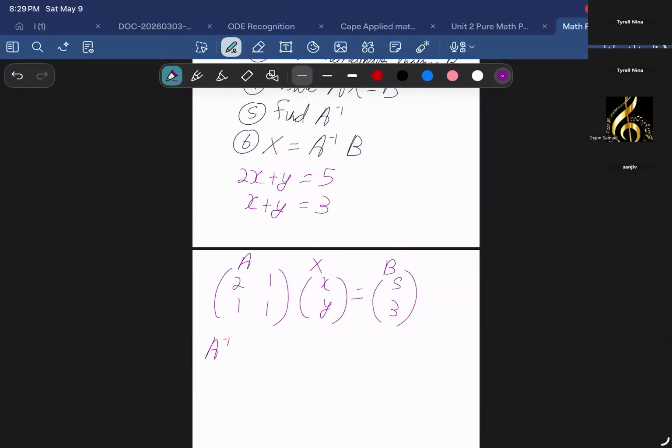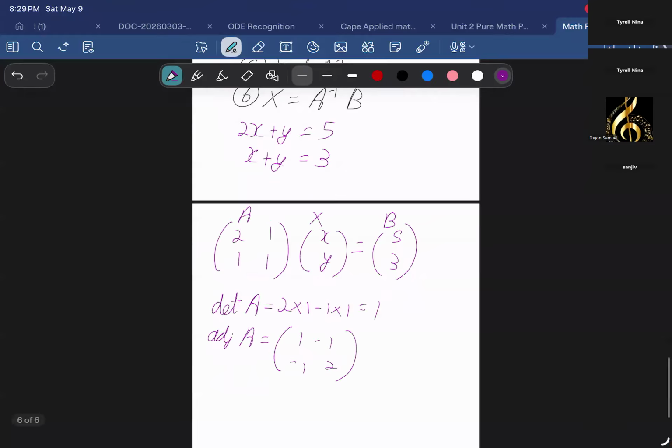So A inverse, let me just find the determinant A. It's 2 by 1 minus 1 by 1, which is 1. The adjoint A is 1, minus 1, minus 1, 2. So A inverse is just 1 over 1 by 1, minus 1, minus 1, 2, which is 1.